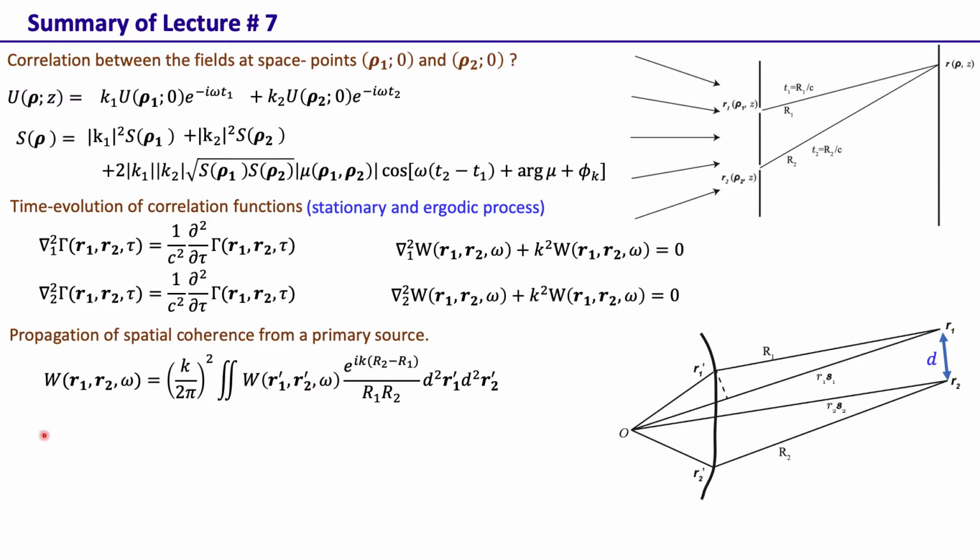And then we found that if we know the cross spectral density at the primary source, W(r1', r2'), at this plane, then the cross spectral density at some other pair of points away from the source is given by this equation. That's an integral equation. So we can find W(r1, r2) if we know W(r1', r2').